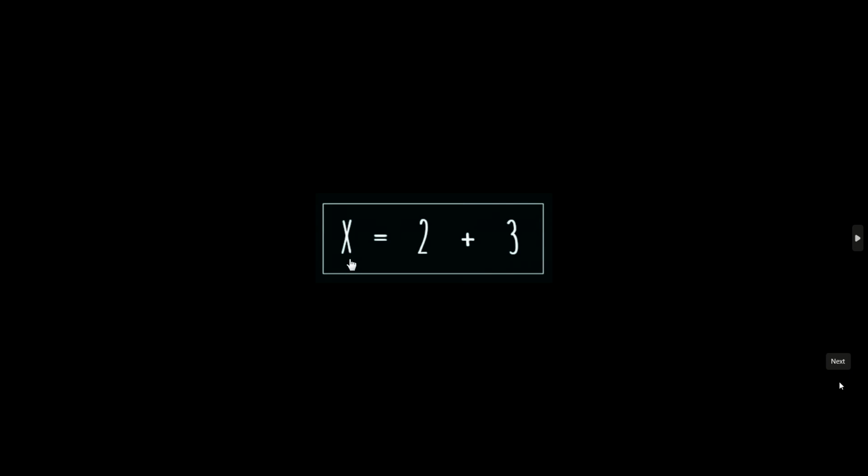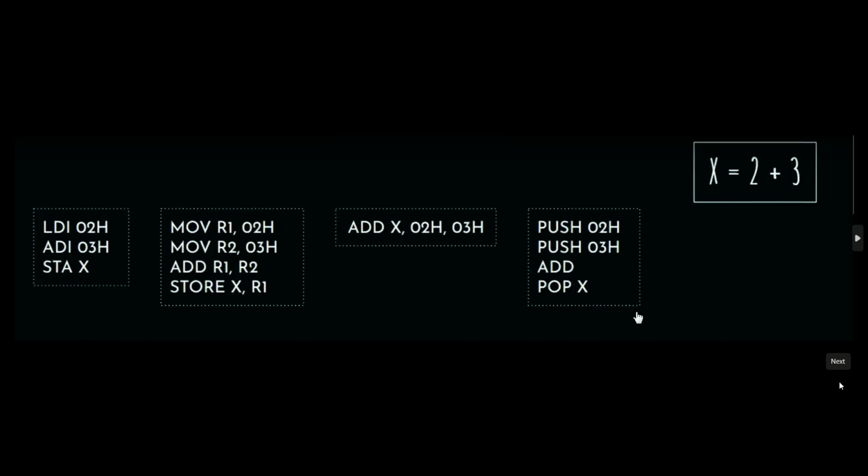For example, x equals 2 plus 3 can be implemented in many different ways. For example, someone selected this one: move R1 to 2H, move R2 to 3H, add R1 R2, store X R1.